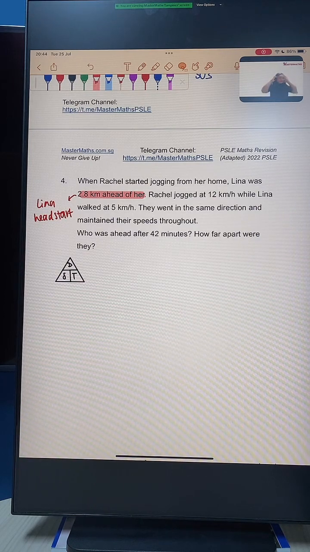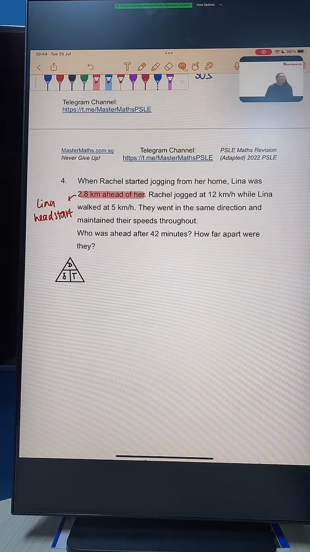For this question, it's actually pretty straightforward. Why? Because we are only looking at what happened after 42 minutes. So we only need to consider the distances for both of the girls after 42 minutes.